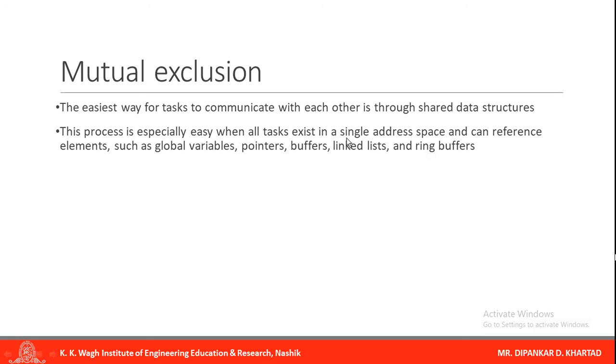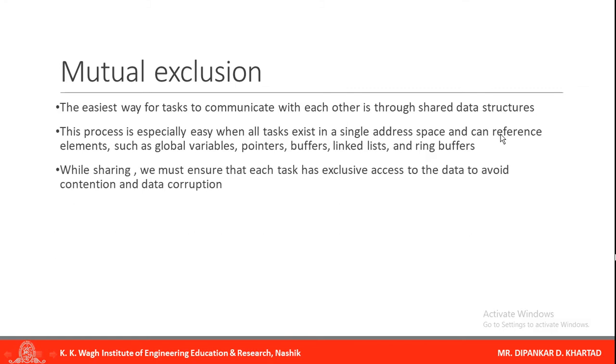All tasks exist in a single address space and can reference elements such as global variables, pointers, buffers, linked lists, etc. So while sharing, we must ensure that each task has exclusive access to data to avoid contention and data corruption.